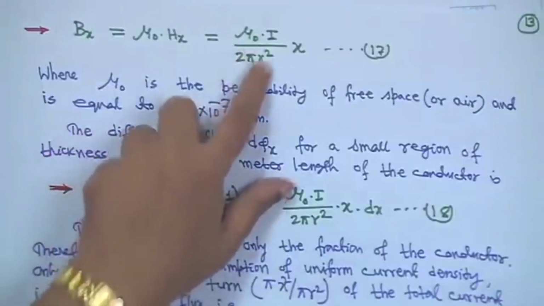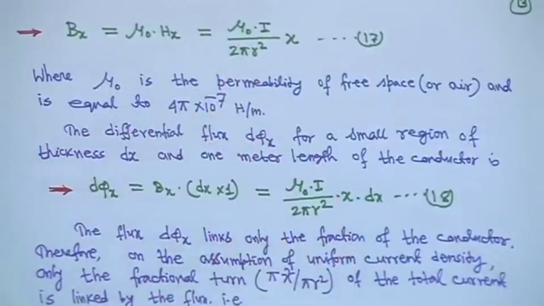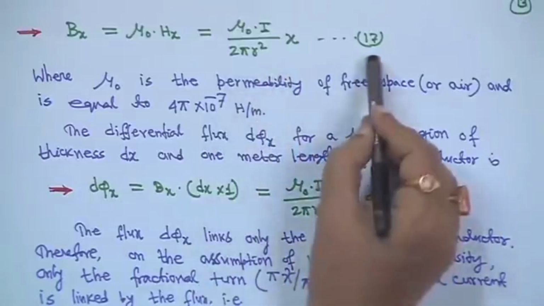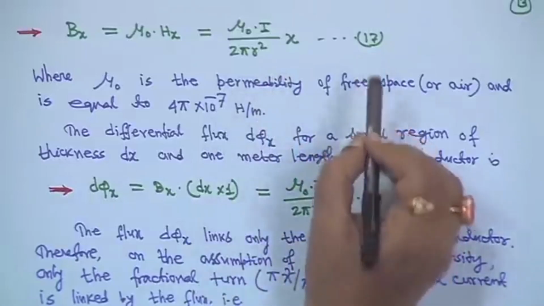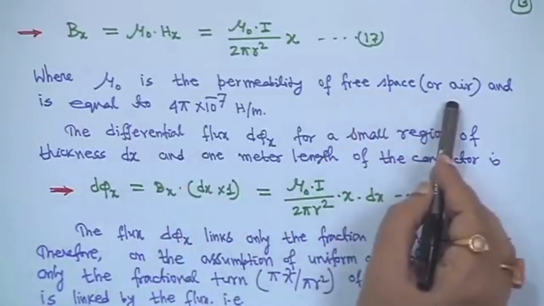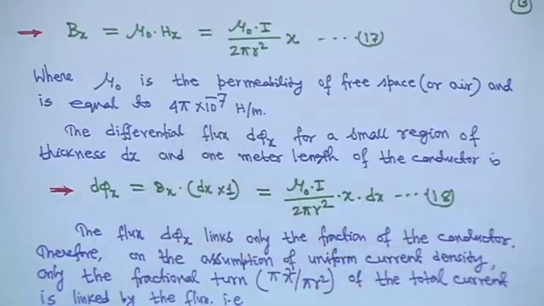So, B x is mu 0 into I upon 2 pi r square into x. This is equation 17, where mu 0 is the permeability of free space or air, and is equal to 4 pi into 10 to the power minus 7 Henry per meter.